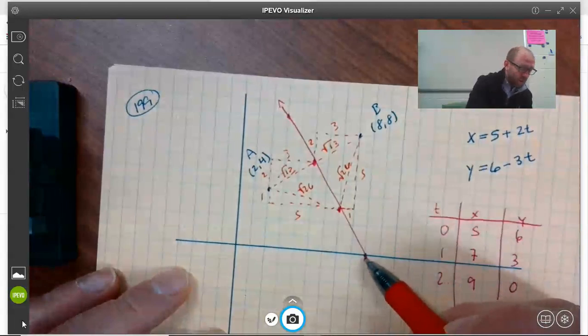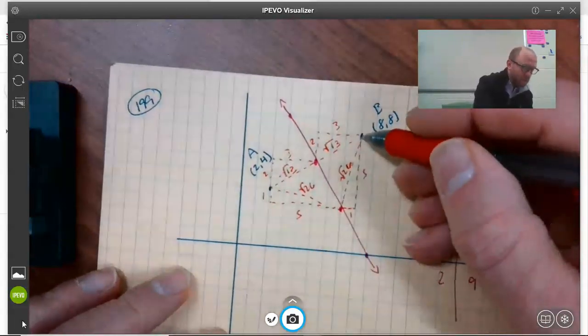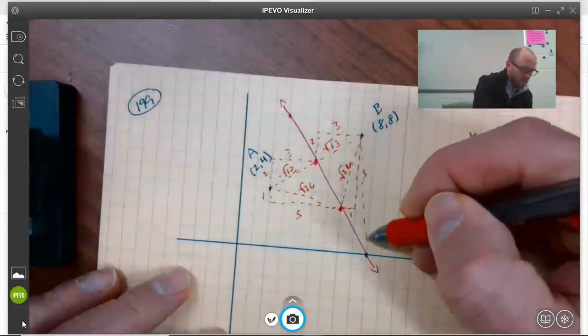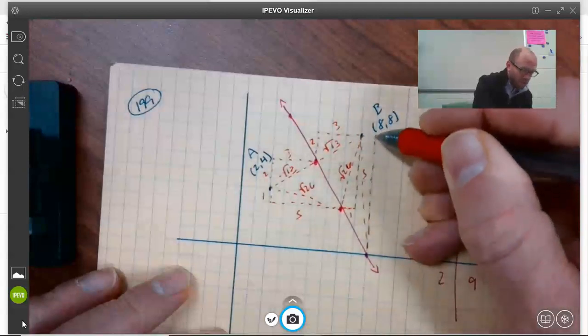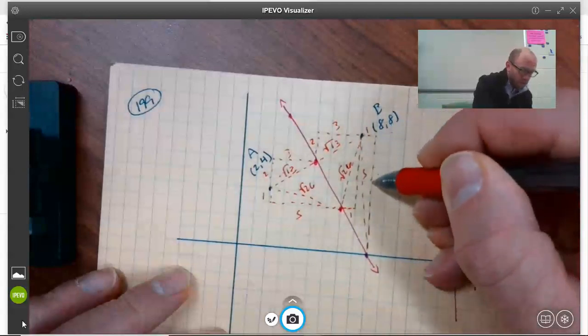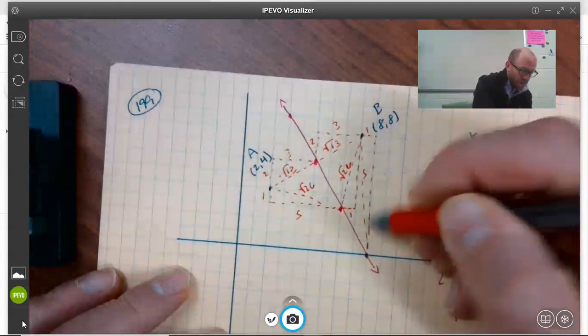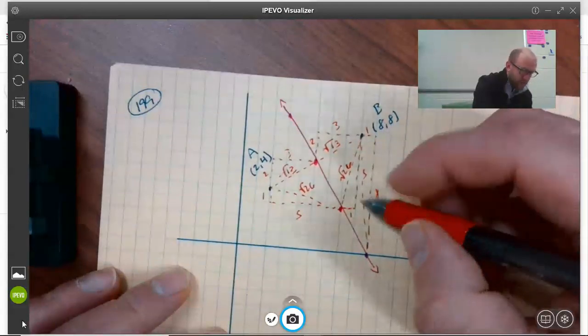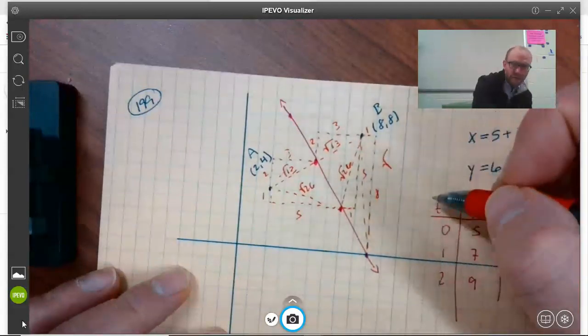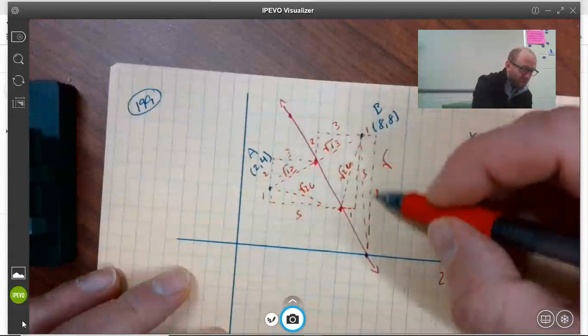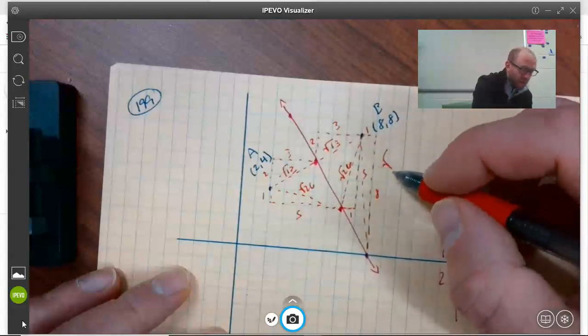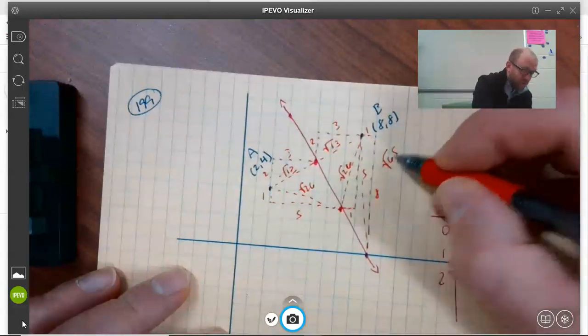We could test this point out down here. That is 1 and 1, 2, 3, 4, 5, 6, 7, 8, which makes this distance here, from here down to the axis, 1 and 8, square root of 65.